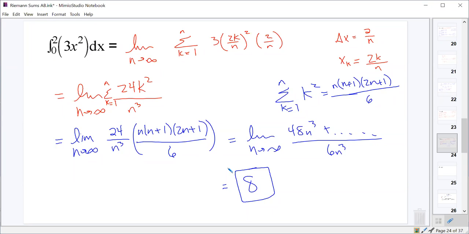Now, for the rules that we're going to learn next week, yeah, you're going to have to be able to do it with a cubic and a 4th degree, and then a sine function, and an e to the x function, and a bunch of other functions. So short answer, no, you don't need to know it for cubics.